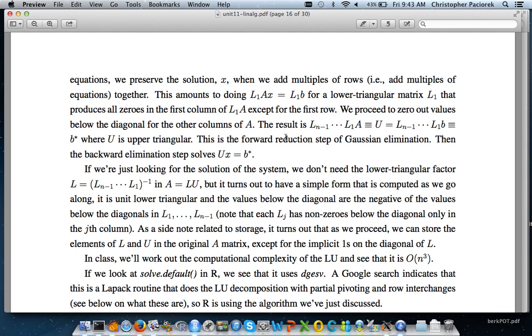If we look at the elements of those matrices, L1 is 1 on the diagonal, minus A21 over A11, minus A31 over A11, and so on and so forth, and zeros elsewhere. Sorry, I'm getting things out of alignment here. These are all zeros, these are all zeros, these are all zeros.